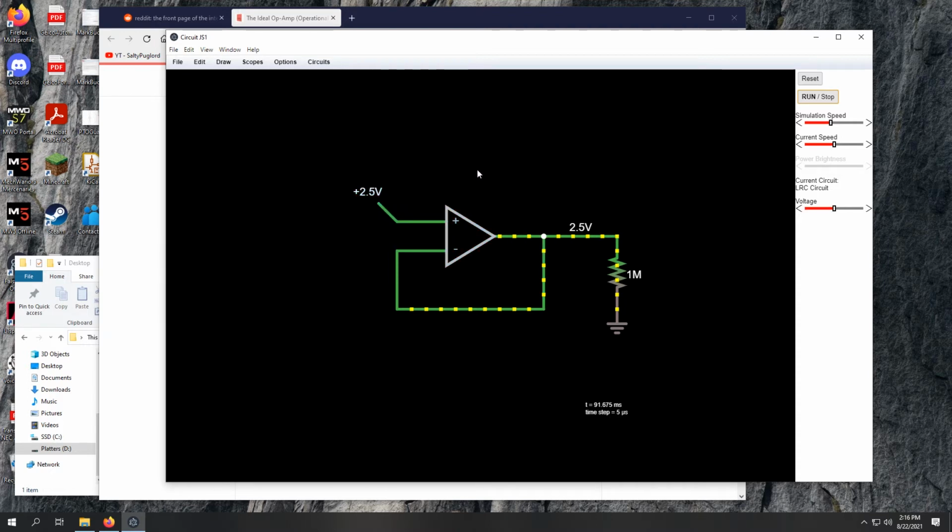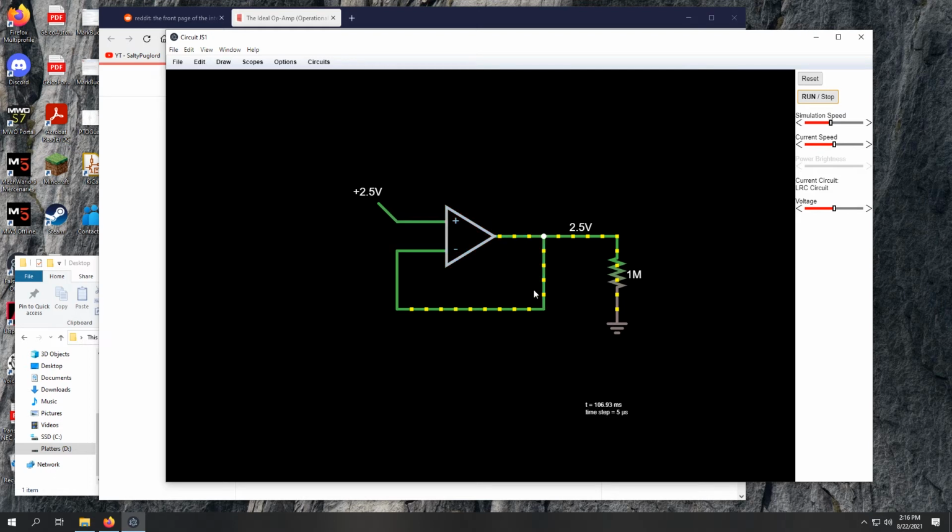So the op-amp is actually playing an active part in this circuit. It's seeing what the voltage on the plus input is, and then the minus input is seeing what voltage is on the output. Then whatever the difference is between those 2 voltages, the op-amp is going to try and swing its output voltage to eliminate any difference between those 2 voltages.